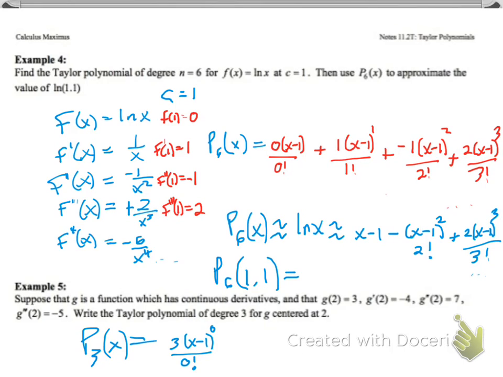So what we've got then is this polynomial where the first coefficient is always the function with the center plugged in, so in this case 3.